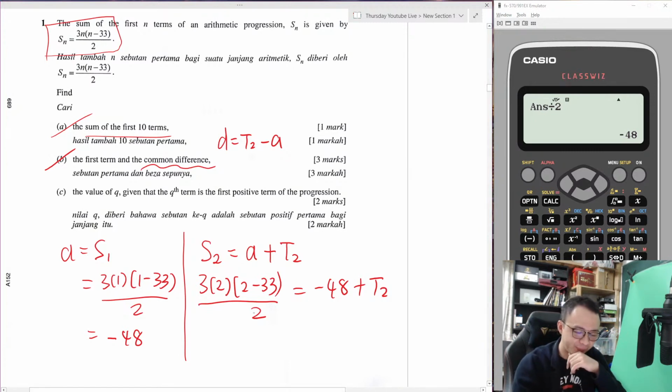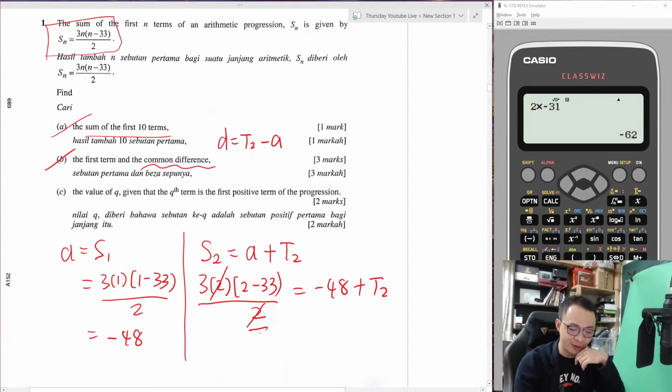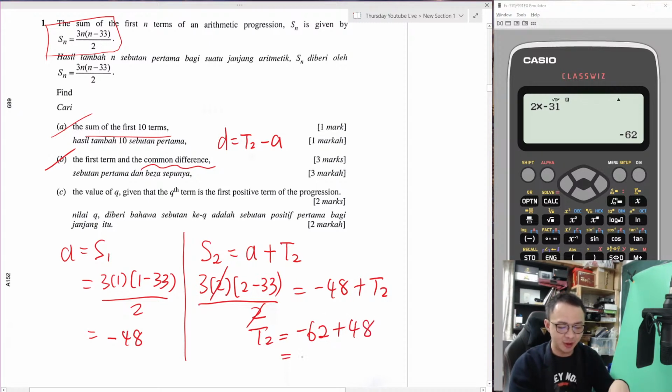This one and this one I simplify. Then I have 3 multiply negative 31, since 2 minus 33 is negative 31. So my T2 is negative 62 plus 48. I hope I didn't make any carry mistake here. Sometimes I tend to make mistakes, but I hope this is not the case today.